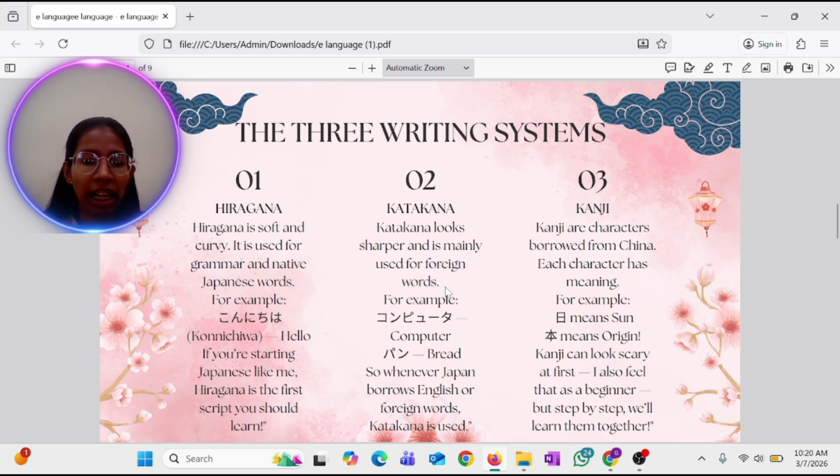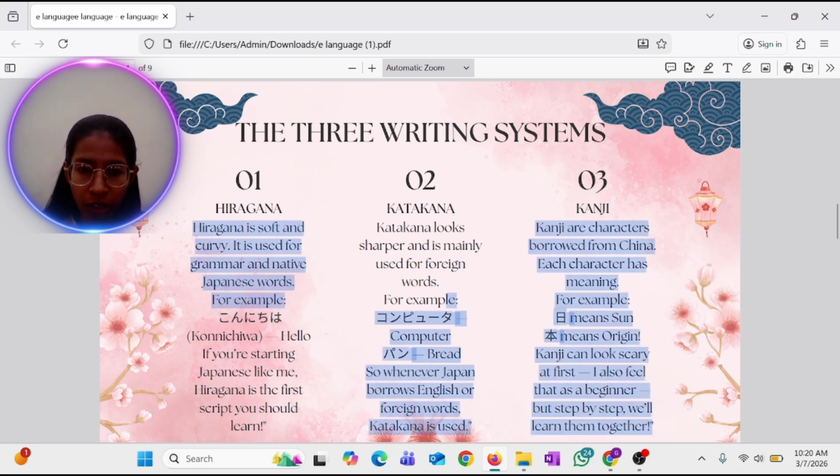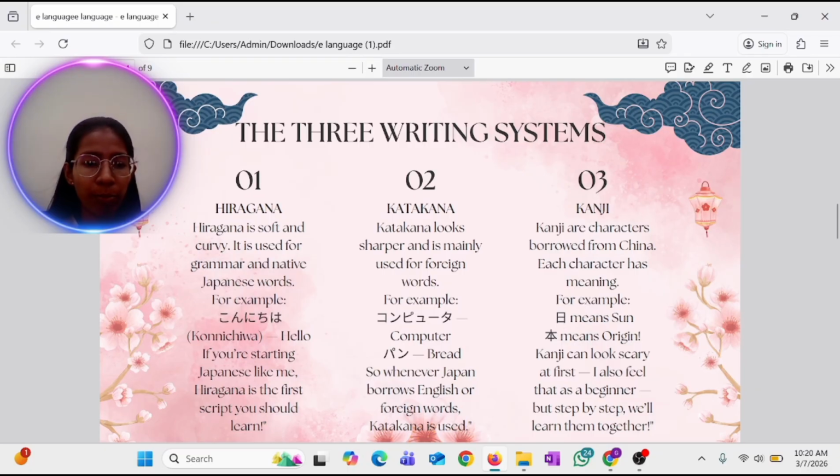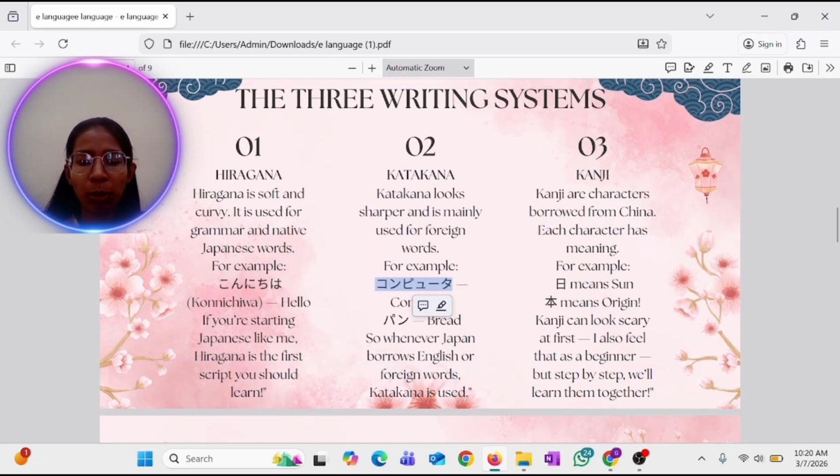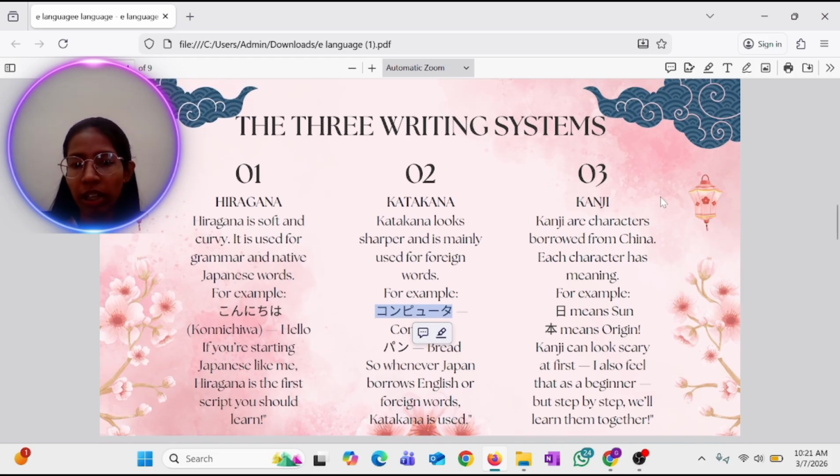If you compare this hiragana example and this katakana example, you can see they are different. This is soft and curvy, and this is sharp. Whenever Japanese brought in English or foreign words, katakana was used.